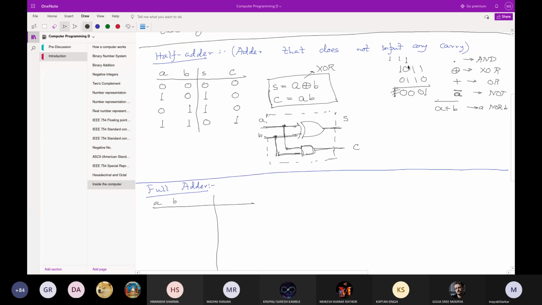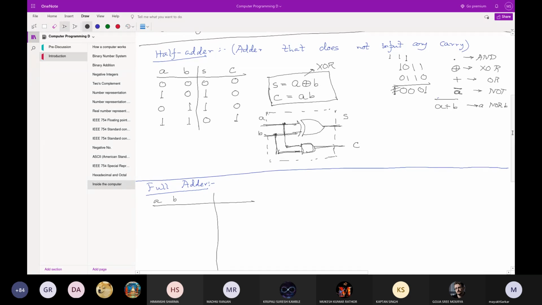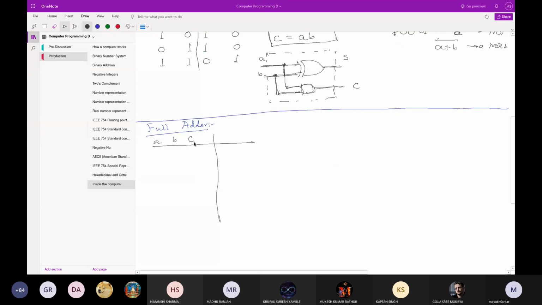The carry in is coming from the carry out of this circuit. This carry out will become the carry in of the previous bit, right? So, I am writing this as carry in, this is sum and this is carry out.